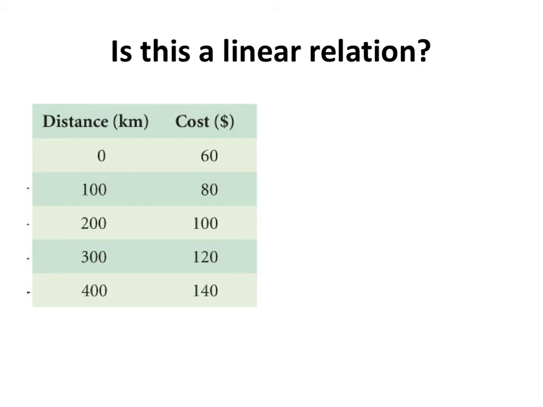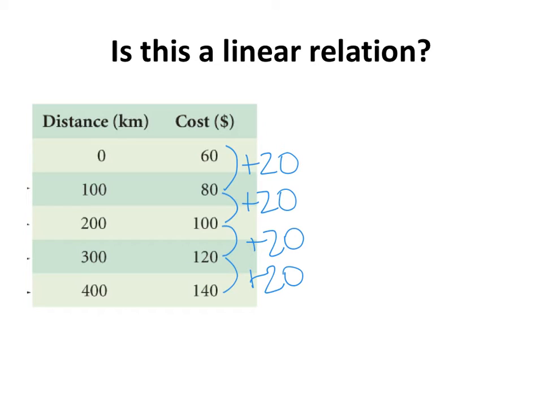This becomes a little easier with some examples. Let's look at our change in our dependent variable. In every case, this y value, or the dependent variable of cost, increases by 20. At the same time, the x data, or the distance, the independent variable, is always increasing by 100.